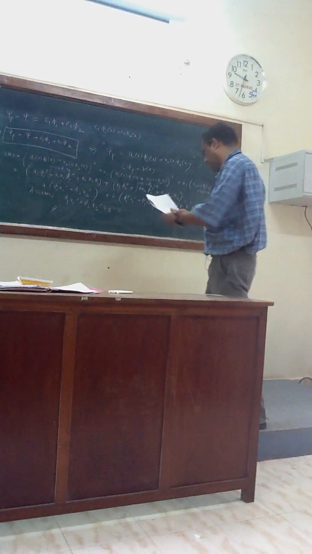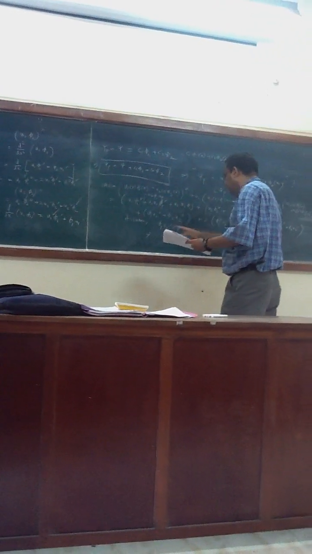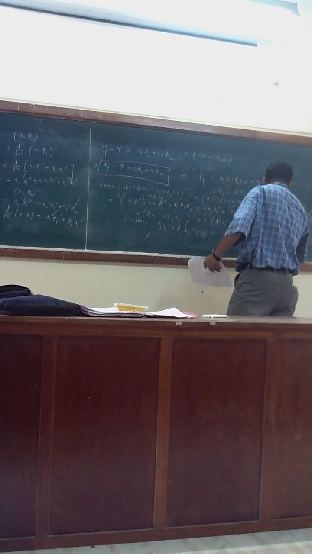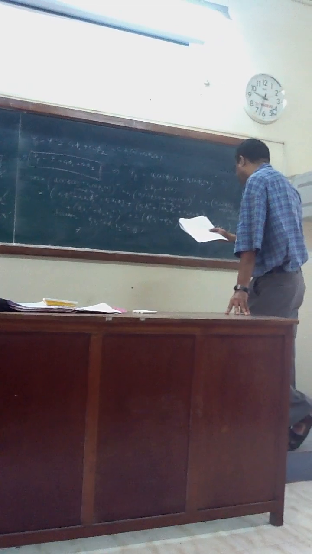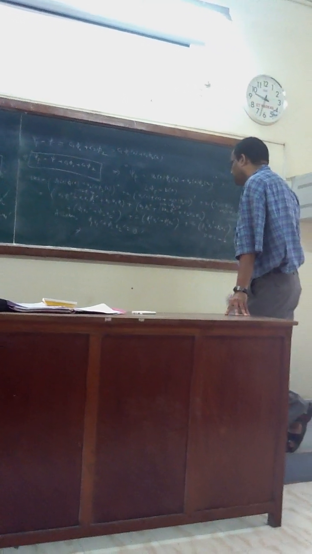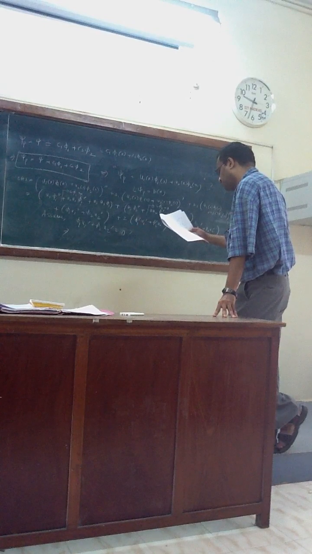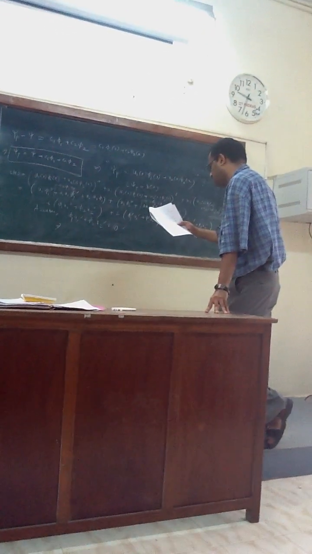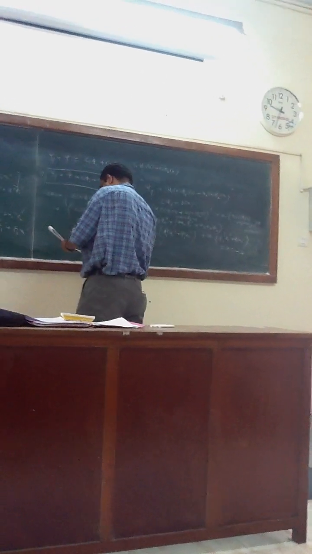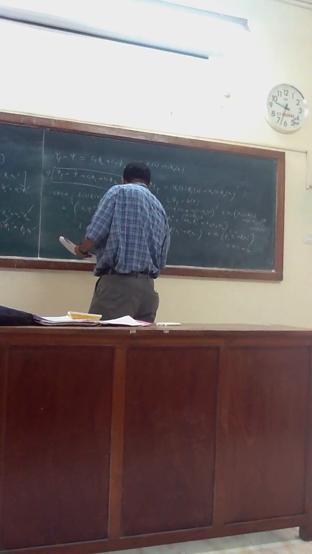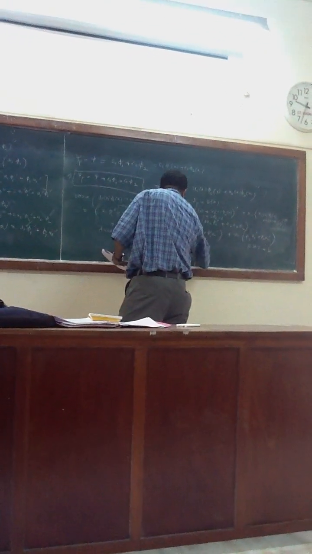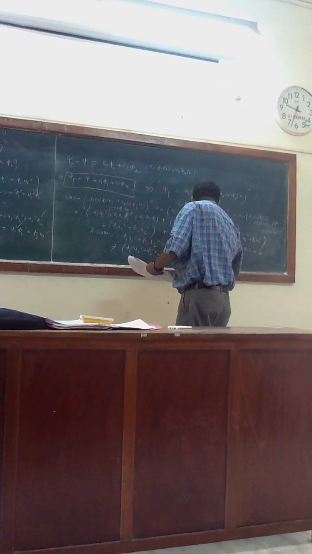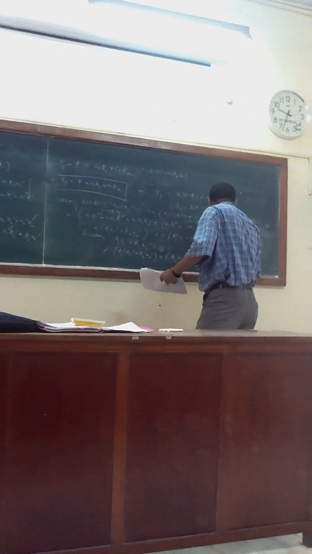Remember, this entire thing is equal to b. Right hand side is equal to b. That you always remember. Right hand side always has to be b. If you take derivative, what will you get? phi 1 prime u1 prime plus phi 2 prime u2 prime plus phi 1 u1 double prime plus phi 2 u2 double prime equals 0. You can write, taking derivative.